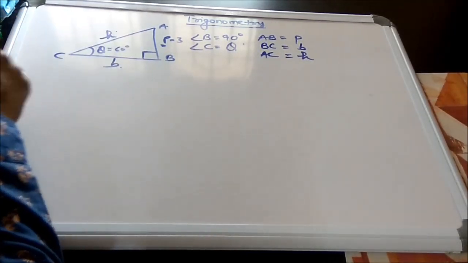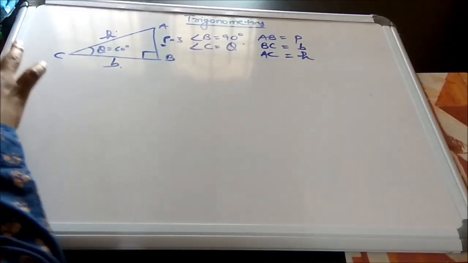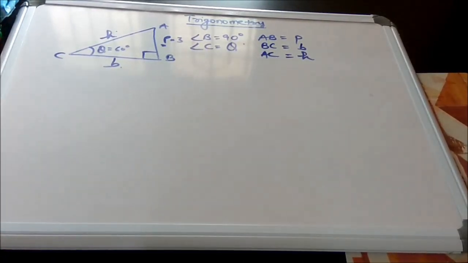Now we will be discussing the trigonometric ratios. There are 6 trigonometric ratios.